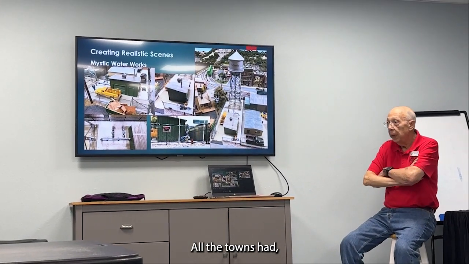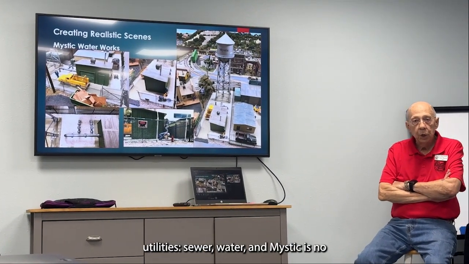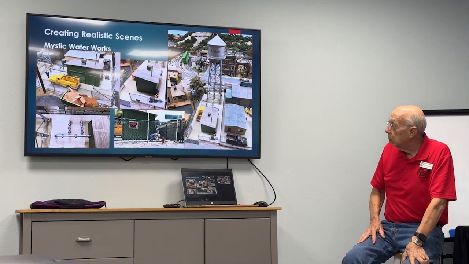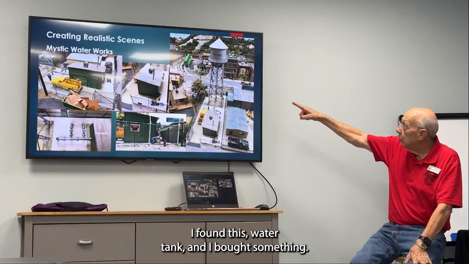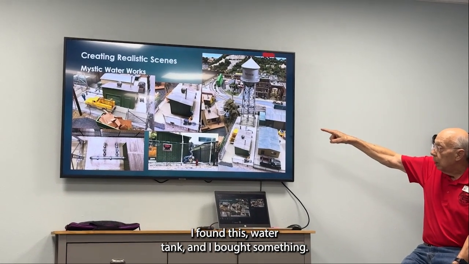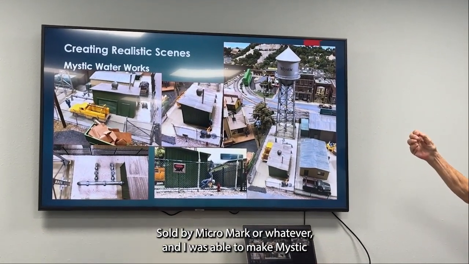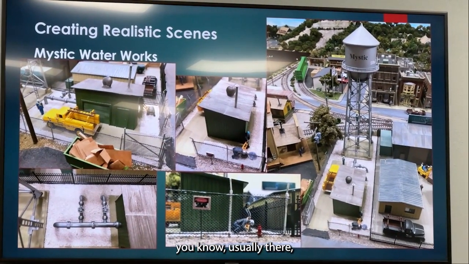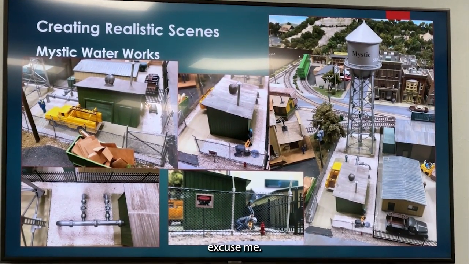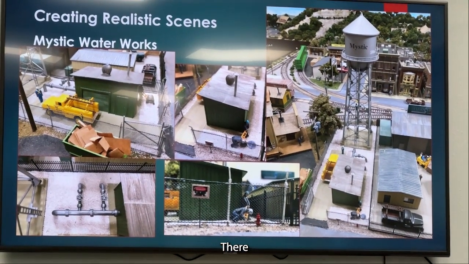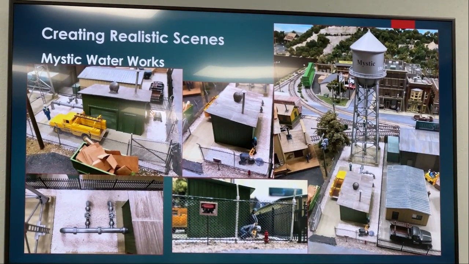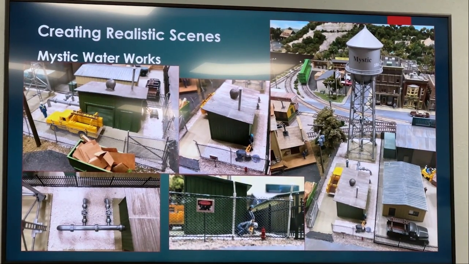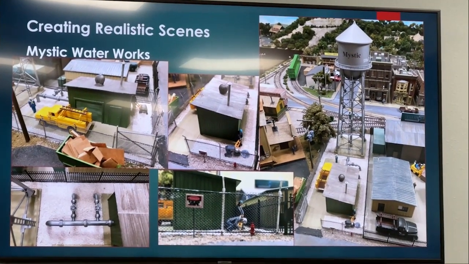All little towns had utilities, sewer, water, and Mystic's no exception. I found this water tank, and I bought some from somebody, Micromark or whatever, and I was able to make Mystic, using their, excuse me, their, oh golly, paper that you can make, I'll be all right in a minute.